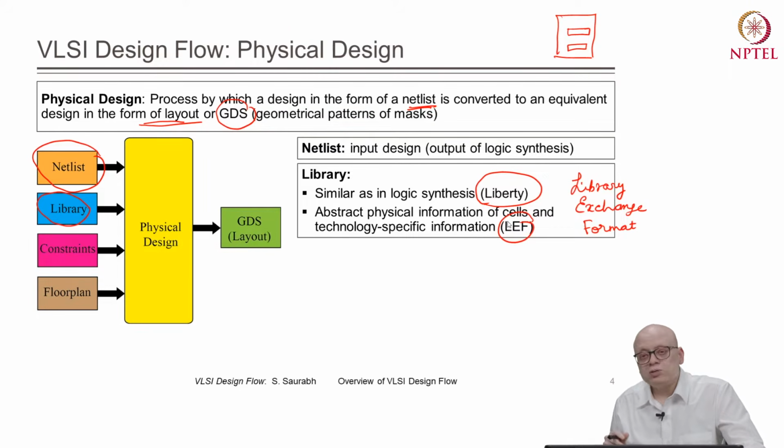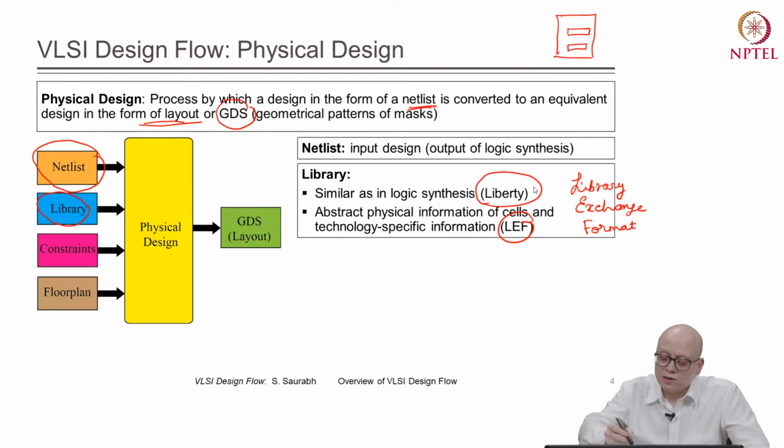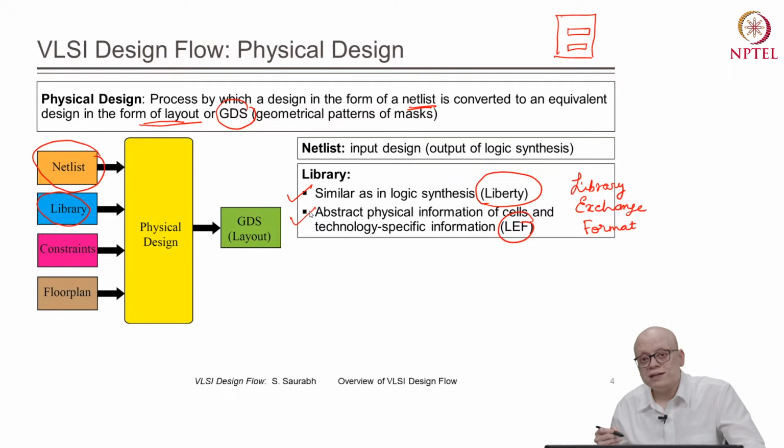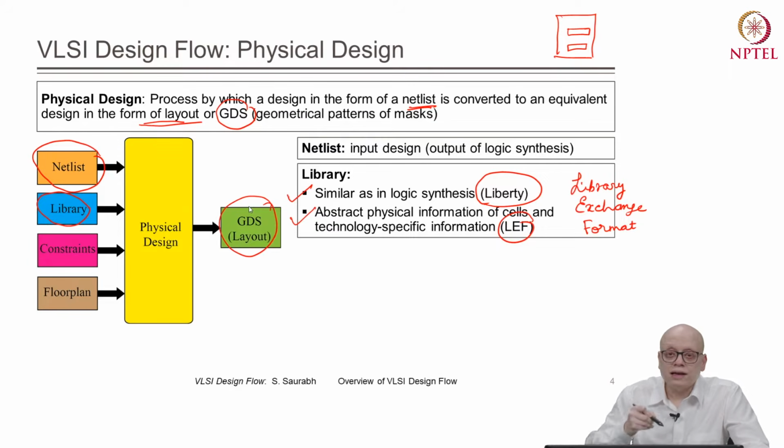So, using the information of the technology library and the physical library, the physical design tools can compute delays and other things, and also they can understand design rules that need to be followed while making the layout and come up with the final solution or the layout in the physical design process.